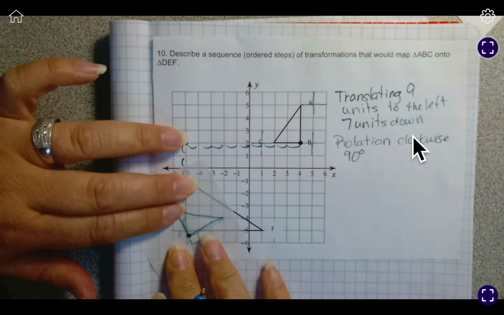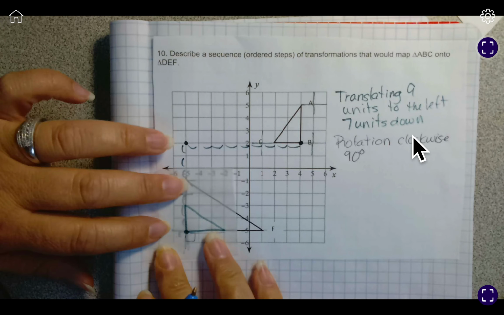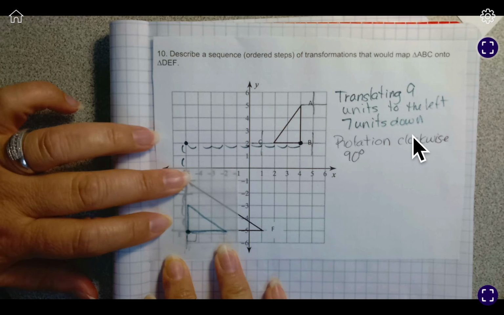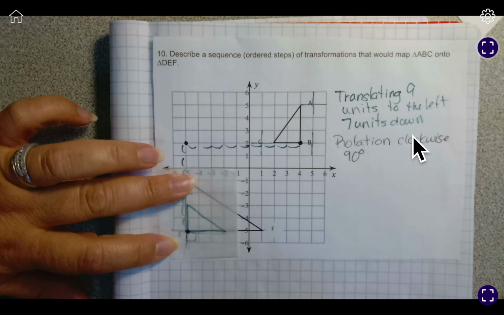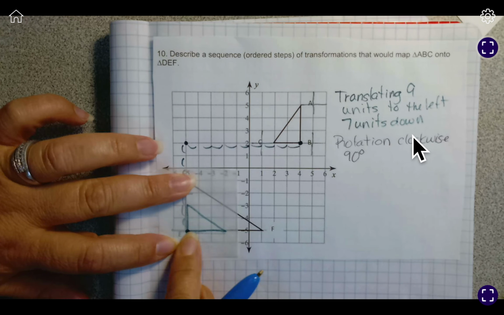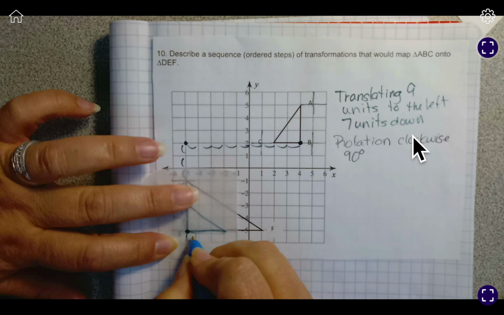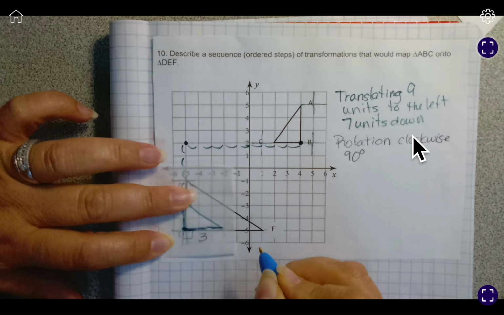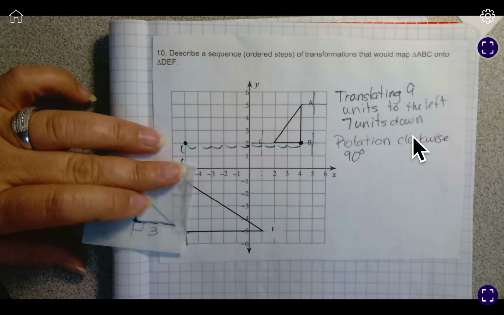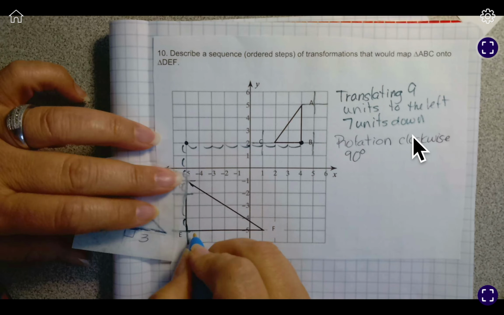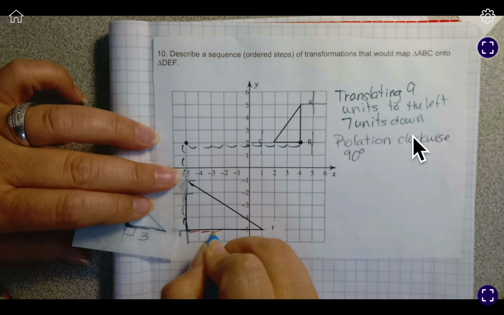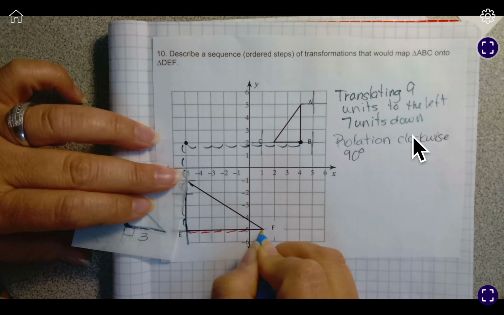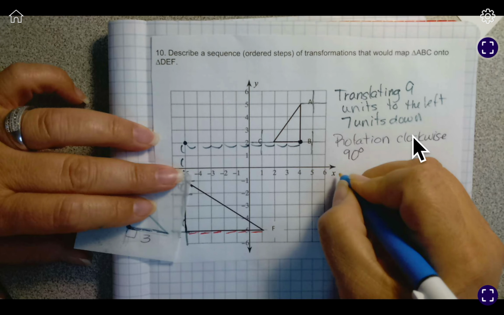Okay, now let's do the dilation. I'm going to do that with here. Do you see this is 1, 2, that's 3. And this here is 1, 2, 3, 4, 5, 6. So we have a dilation.